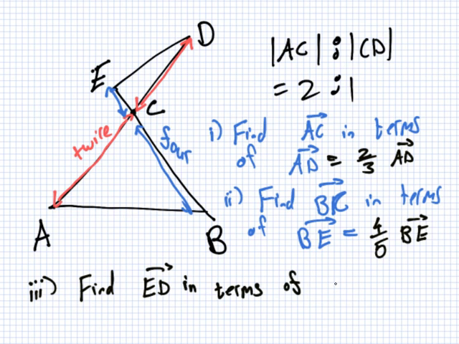Please stop. Find ED in terms of AD and BE. That's too easy. Fine, if it's too easy, it's too easy. Find it in terms of AD and BE.